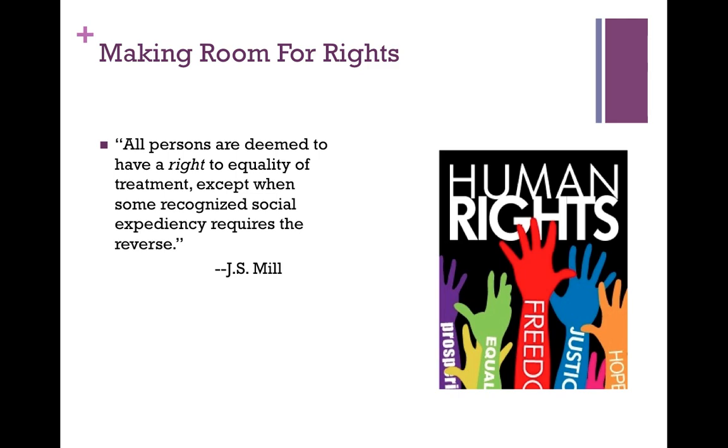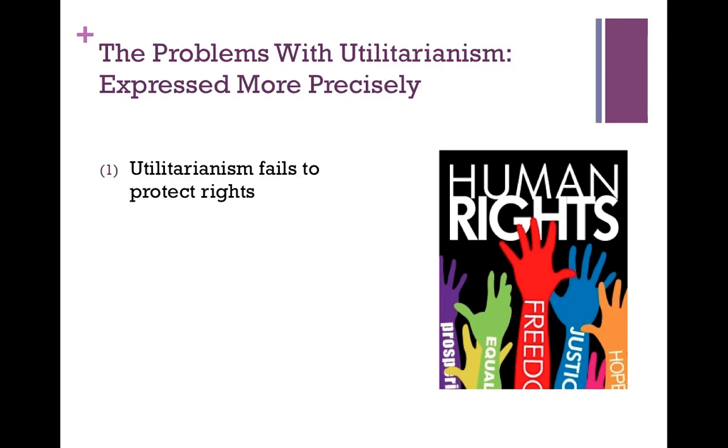You'll hear people say, you just don't do this to people. And the problem with utilitarianism is they can never say that. They can never say, you just don't do this to people, because if the payoff is good, you do it to people. So this is the main problem with utilitarianism: it fails to protect rights, particularly what we call natural rights. It cannot make sense of these kinds of things.